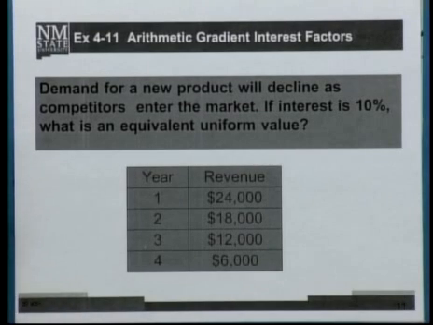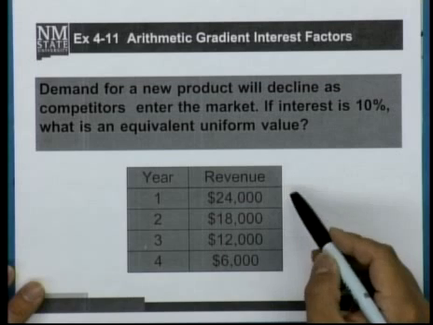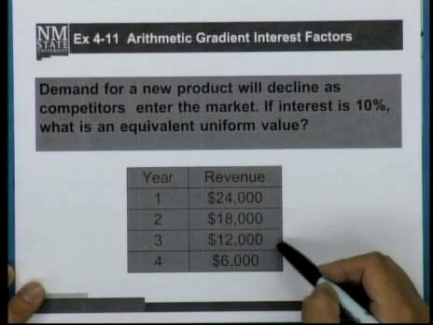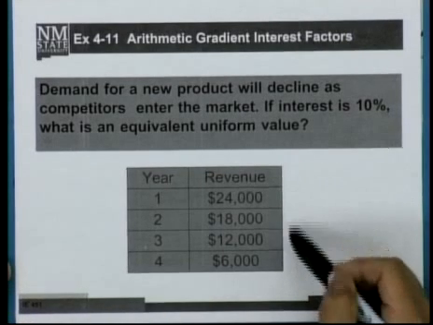If interest is 10%, what is an equivalent uniform value? If you look at the period by period change amount here, how much is that? It's going to be negative $6,000. So we may use the concept of arithmetic gradient series here.